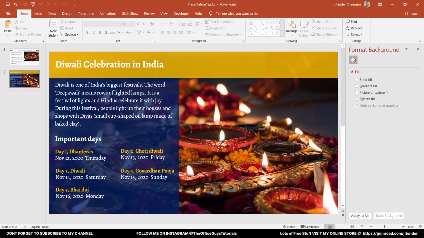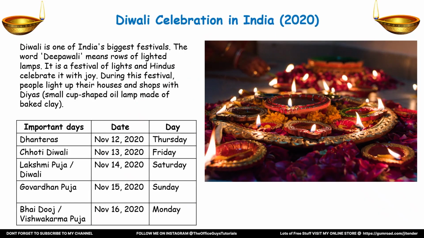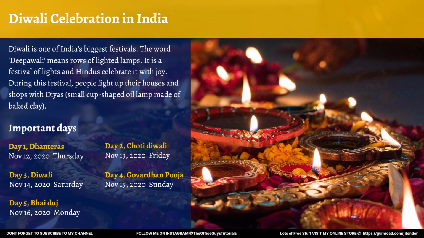Now let me quickly see how it looks. Let me give some transition. This is how it was before, and this is how it is now. There are a lot more things to do.